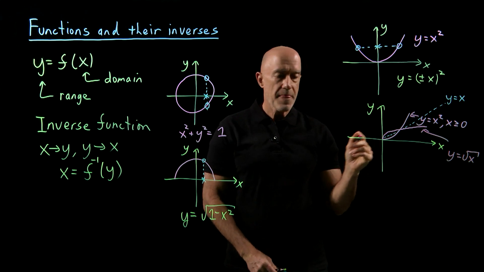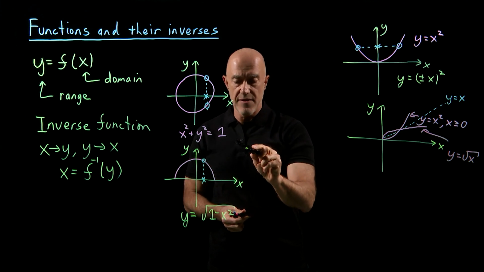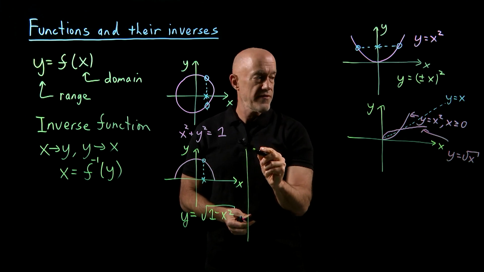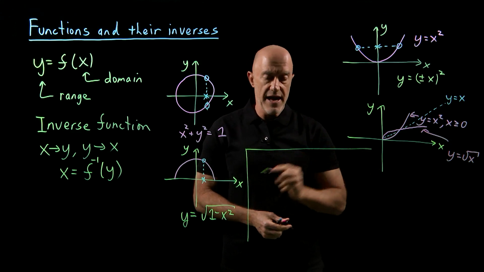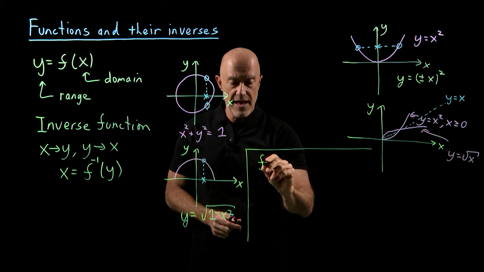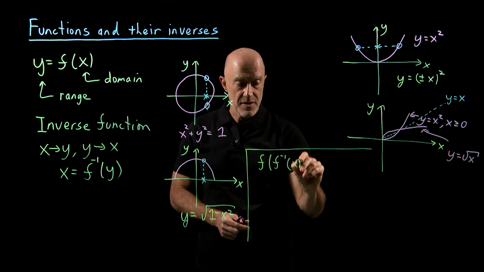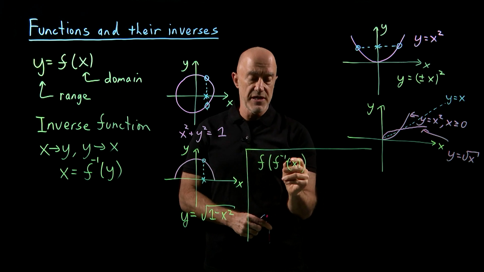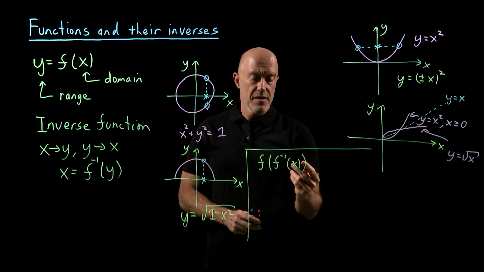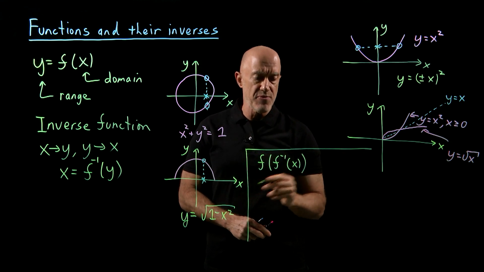Okay, there's one more consideration that we will use quite frequently in our calculus course. If we look at f of the inverse function, right, the inverse function would send x to y and y to x, and f would reverse that process.